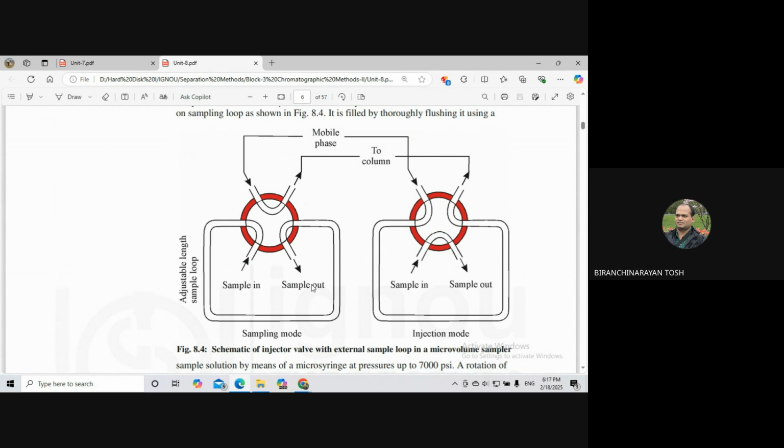The most widely used method of injection is based on a sampling loop, as shown in the figure. It is filled by thoroughly flushing it with the sample solution by means of a micro syringe at a pressure up to 7,000 pounds per square inch.